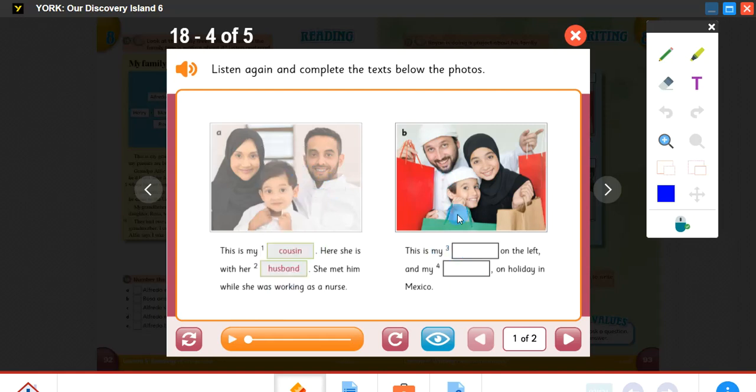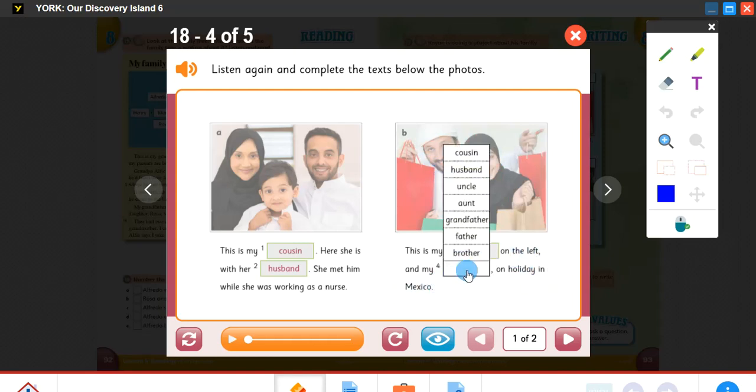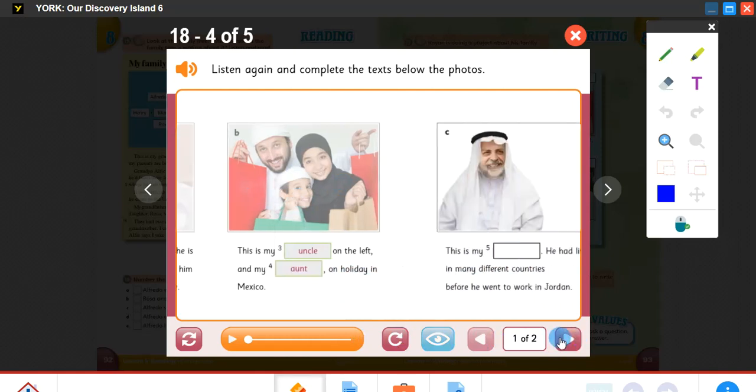This is who, he said. Yeah, well done. It's his uncle, his father's brother, on the left, and now your uncle's wife is your aunt, of course. And my aunt on holiday in Mexico.